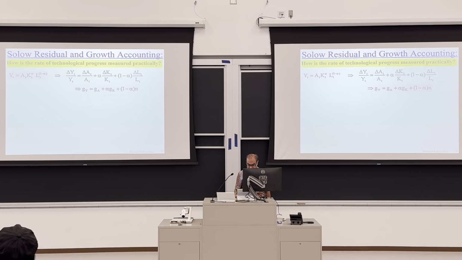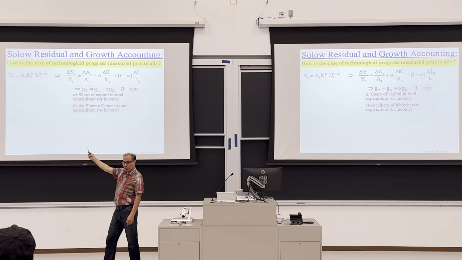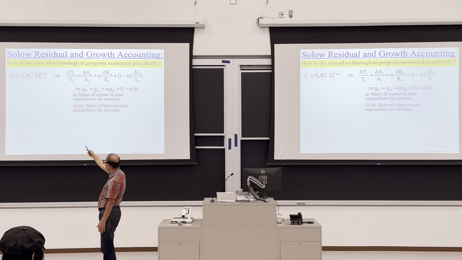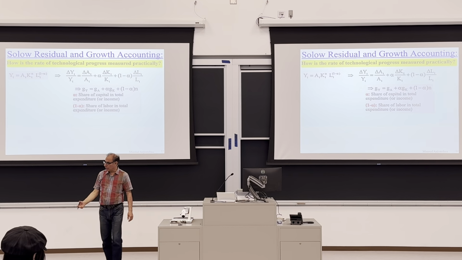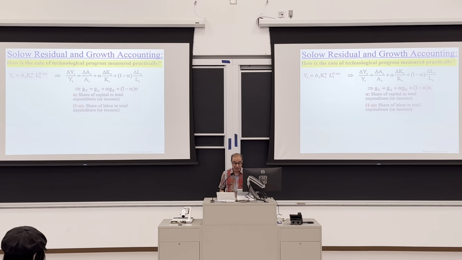Okay? And alpha depends on your economy. Remember, if you estimate a Cobb-Douglas production function for your economy, alpha shows the share of capital, the impact of capital on your output. Okay, so you can estimate that for any country. So now look at here. Look at this relation. Suppose I know alpha, I estimate it for my economy.